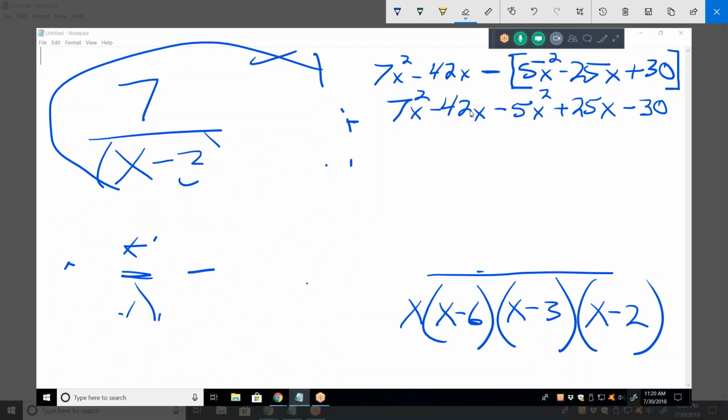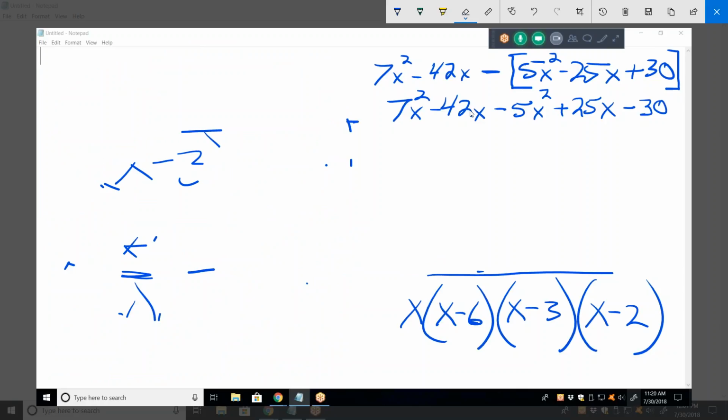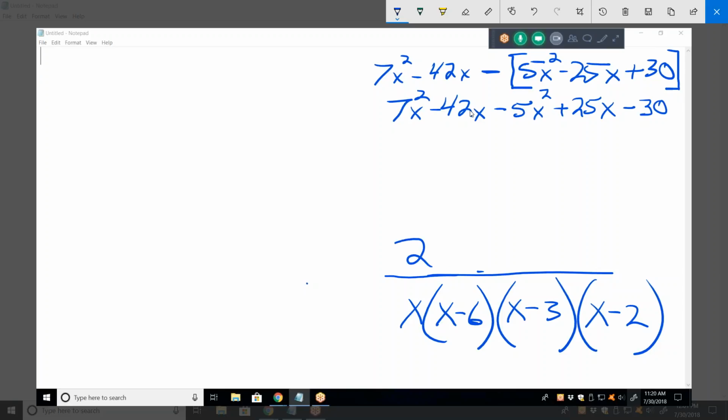So simplify that. 2x squared. Do it one type variable at a time. In other words, you've got a couple of x squared terms. How many total x squared terms are we going to have? Just one. What is it? 2x squared. Okay, now go to the x terms. What's our total x terms?